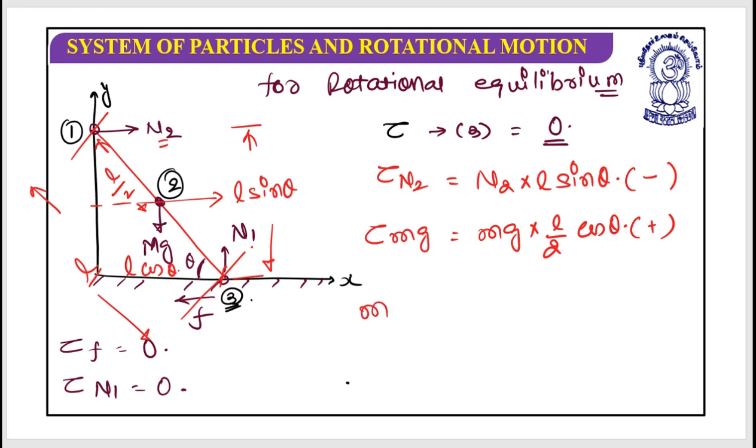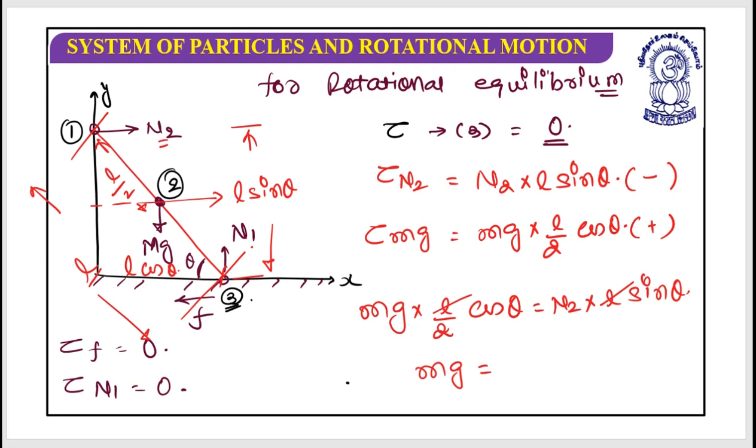So I can write mg into L by 2 cos theta is equal to n2 into L sin theta. So this L could be gone, and I have mg equals 2 n2 into sin theta by cos theta, which is equal to tan theta. This is relation number 3. I hope this is clear.